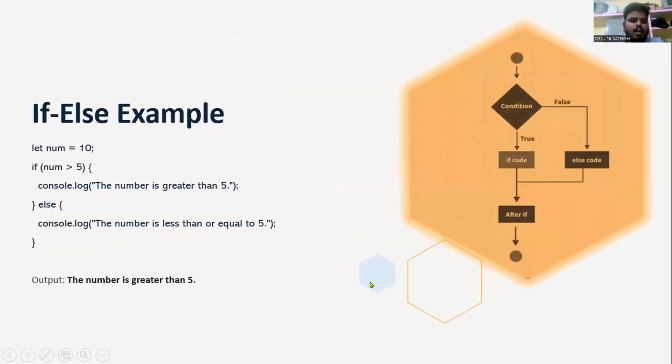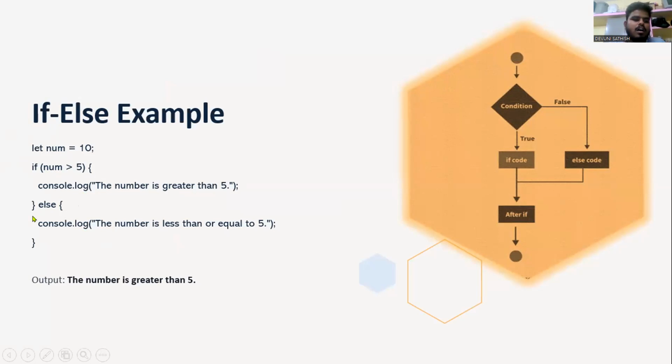I'm providing a short example for if else. I have given a variable, number equals 10. I'm writing the condition here, number greater than 5, like 10 greater than 5. Then it executes the if statement, the number is greater than 5.